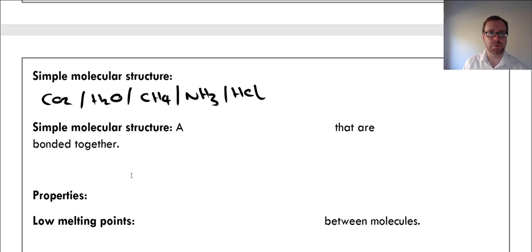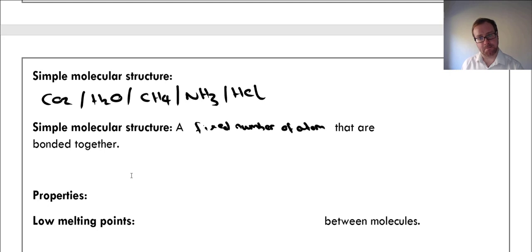Okay, so what is a simple molecular structure? So it is a fixed number of atoms that are chemically bonded together.